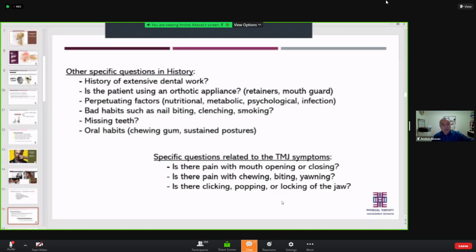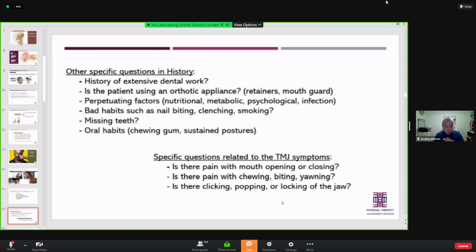Recall the previous slides. We need to look into that closely because treatment for a disc derangement with or without reduction is not a quick fix.